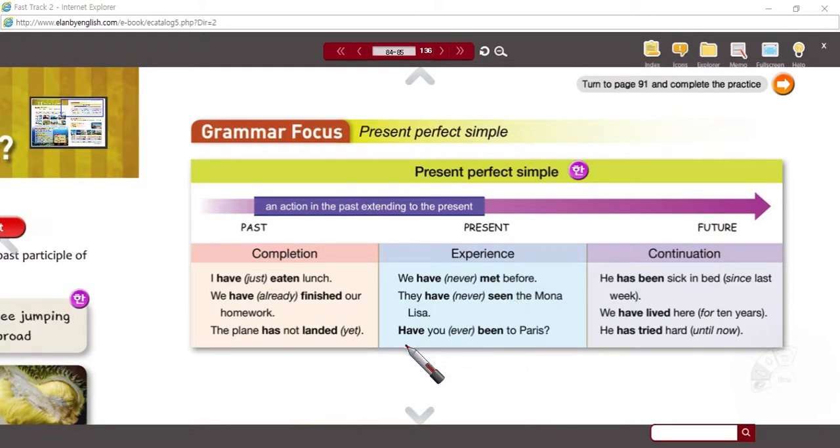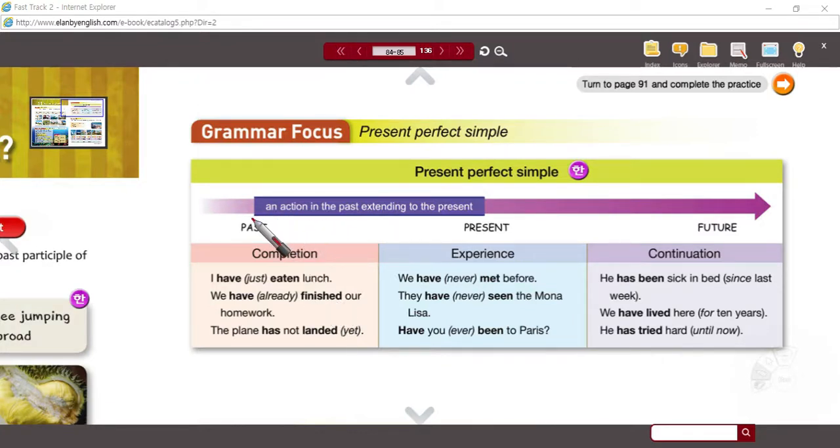So experience. Other times we use the present perfect for completion, as it says here. Okay. Now, so something is done. It's complete. Look at the second example. We have already finished our homework. Okay. So again, that's an action that happened in the past, and it's still true now.